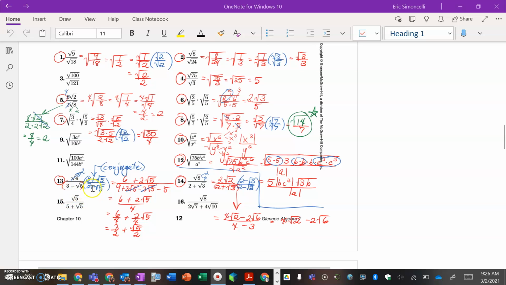Well, as it turns out, again, the rule which we are trying to abide by is not leaving a root in the denominator of a fraction. When you multiply 3 minus root 5 times 3 plus root 5, what you're doing is multiplying by a conjugate, of course, to get the number to basically turn into a rational number as opposed to an irrational with root 5.